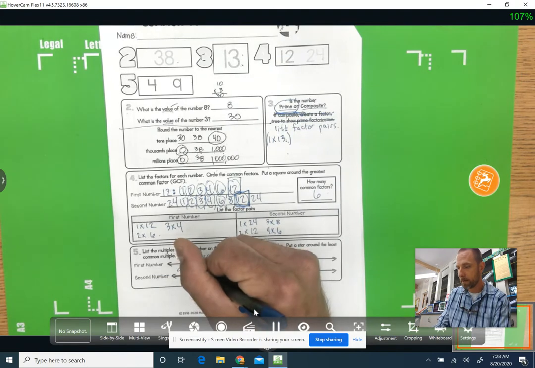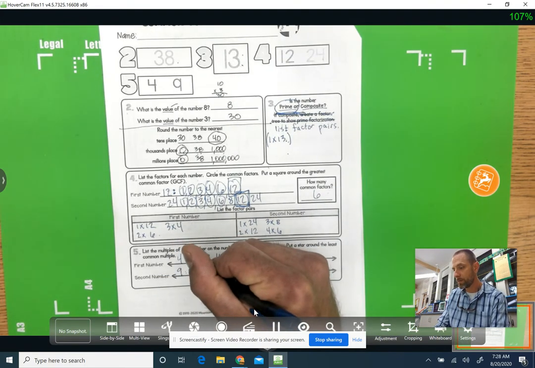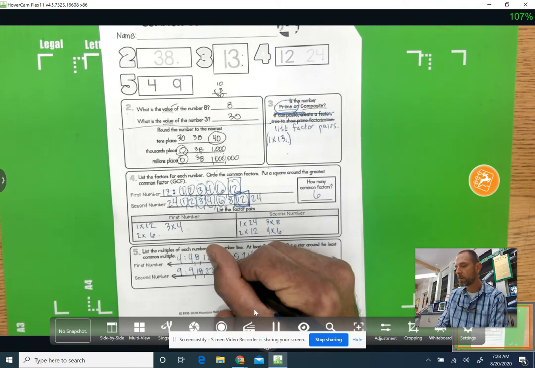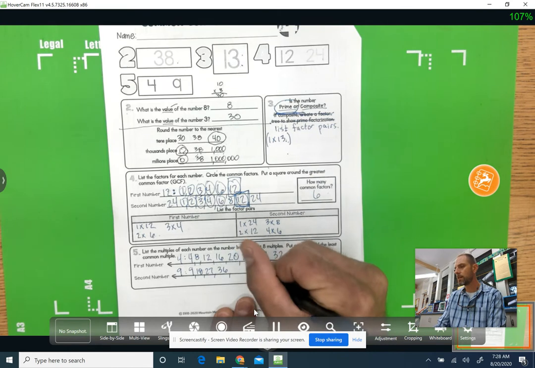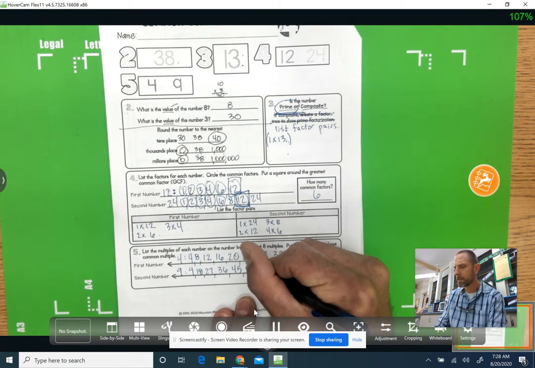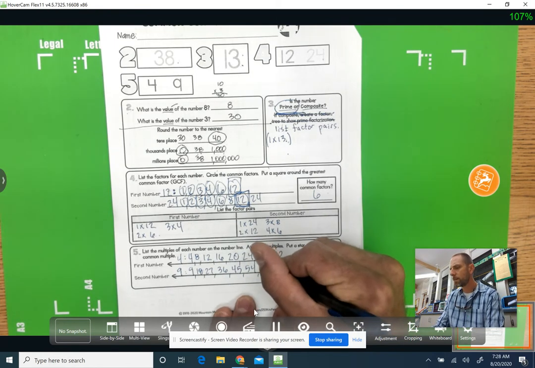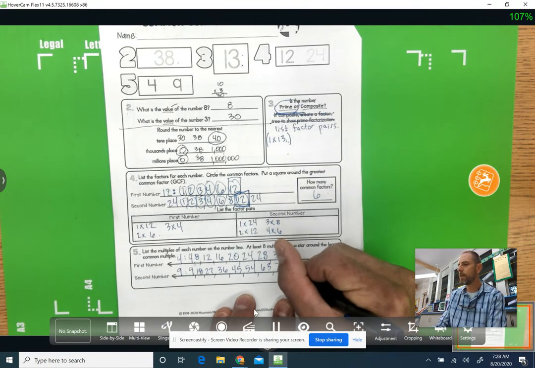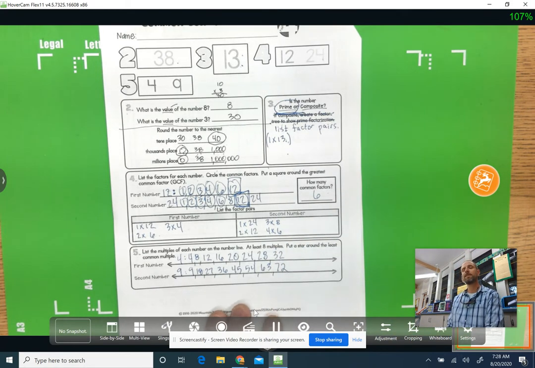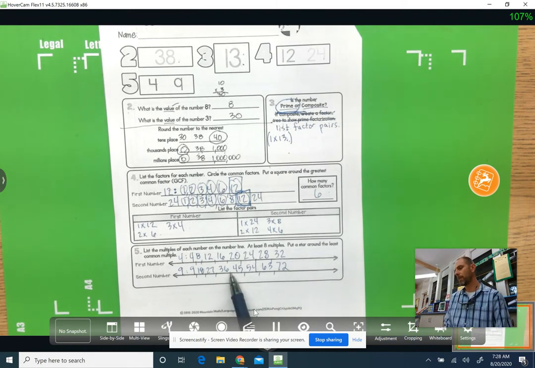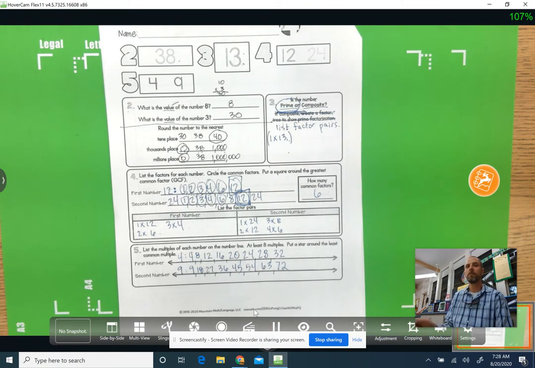So 9 times 2 is 18. 9 times 3 is 27. 9 times 4 is 36. 9 times 5 is 45. 9 times 6 is 54. 9 times 7 is 63. And 9 times 8 is 72. I just listed the first 8 multiples of 9: 9, 18, 27, 36, 45, 54, 63, 72. Skip counting by nines. Okay.